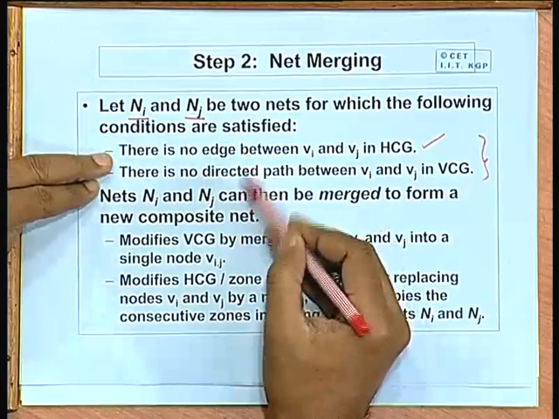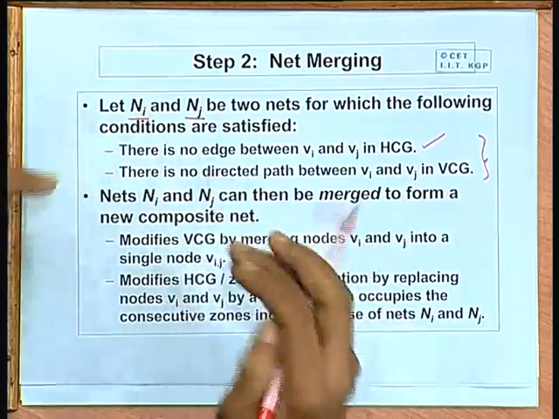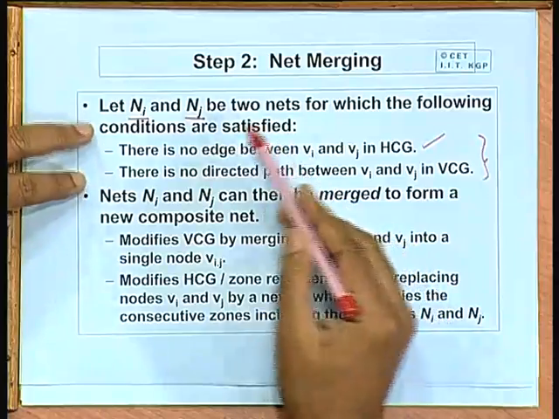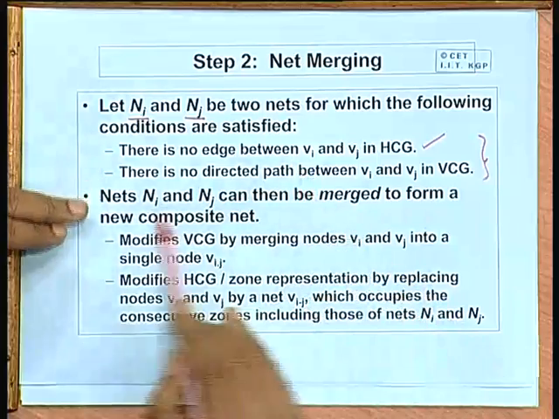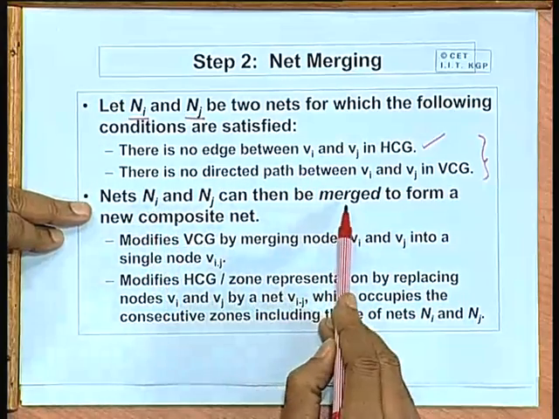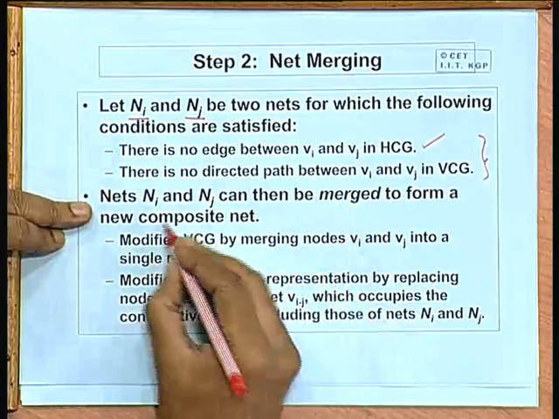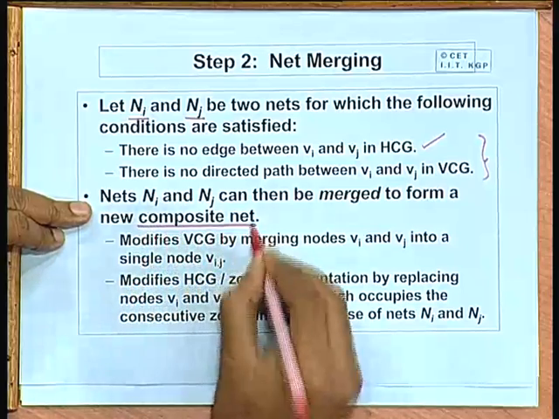So, if there are no such constraints, you can merge them, so that finally you can allot them the same track. Okay. So, if a pair of nets satisfy these two conditions, then you can merge them together to form a so called composite net.